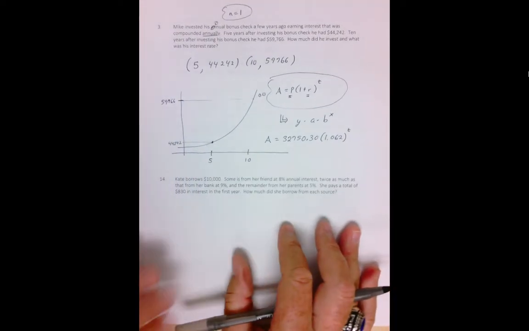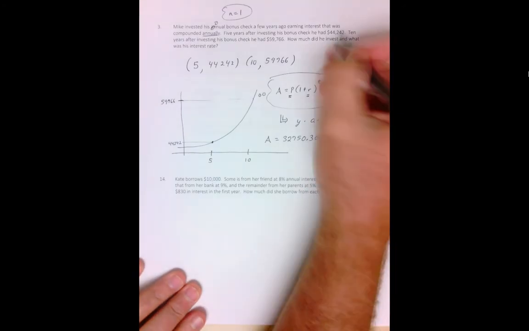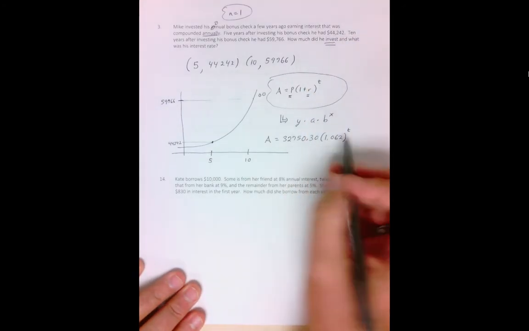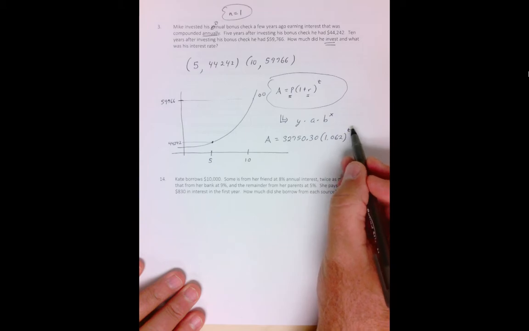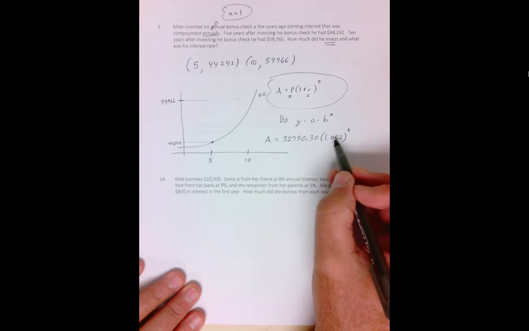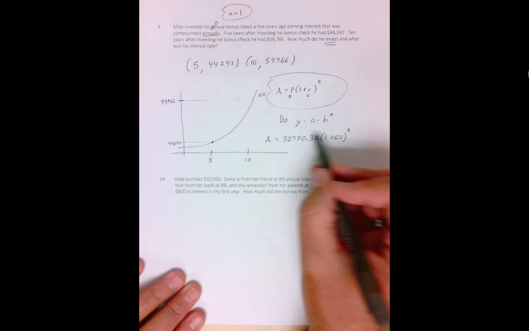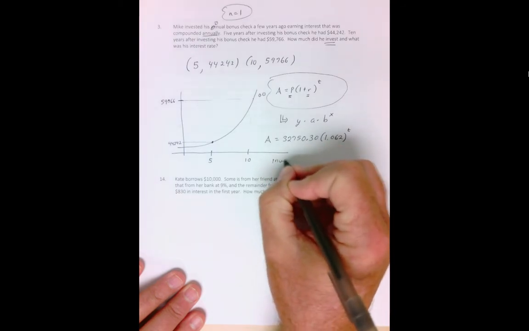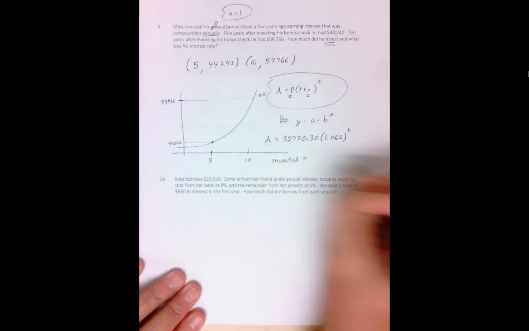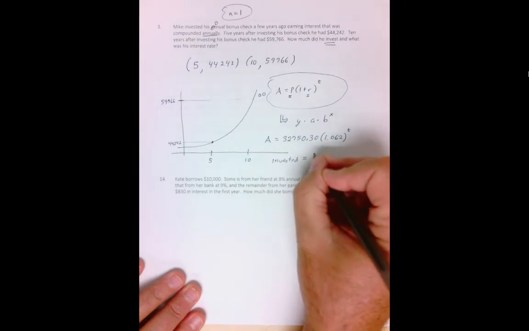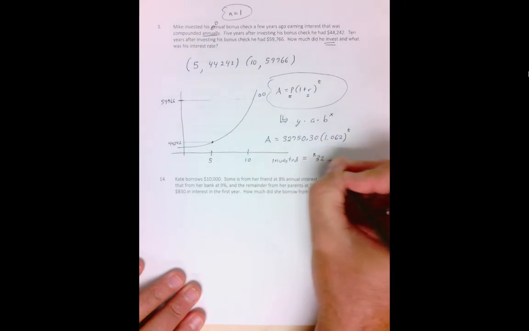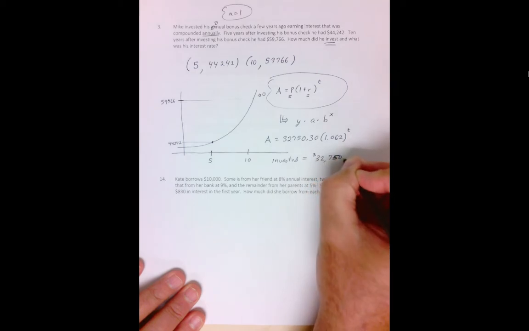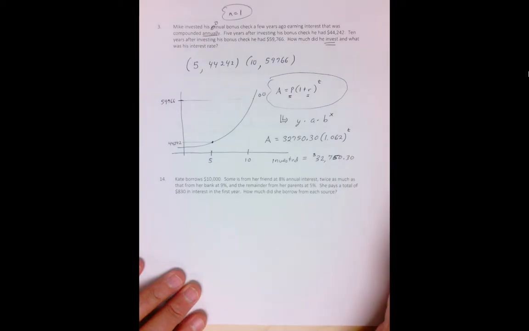Now, the first thing I ask is, how much did he invest? Well, guys, when I put T equals 0 up here, which would be the amount when we had our investment, then anything raised to the 0 power is just 1, times this number tells me my investment. So the amount invested was $32,750.30.